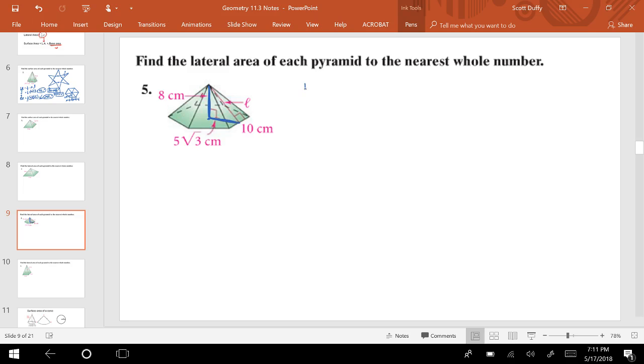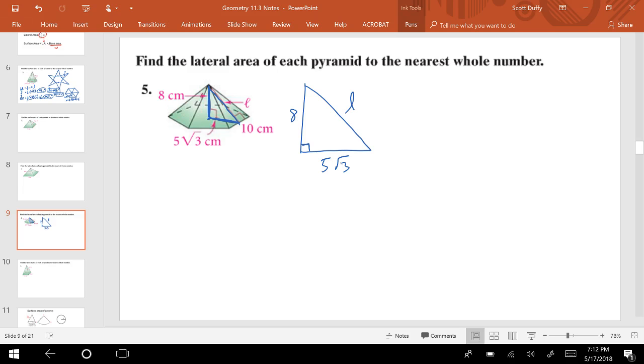That height and the edge that goes from the center to the midpoint make a right angle, and going back from the midpoint up to the very top creates a right triangle. We have a length of 8, a length of 5 times the square root of 3, but we don't know what that slant height is. We also realize that's our hypotenuse, and we have the 2 legs.